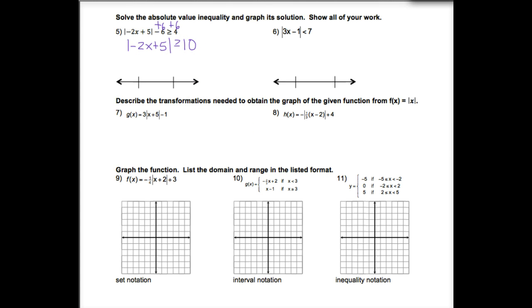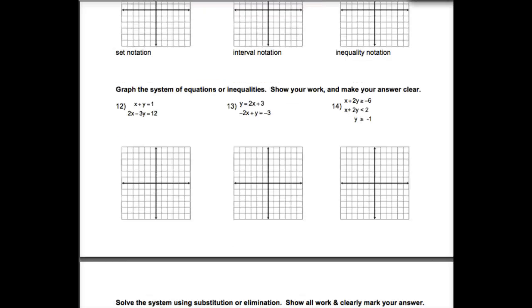7 and 8. I'm going to skip down again to a blank page here to just go over again how our absolute value functions should look. So our parent function again is the absolute value of x.